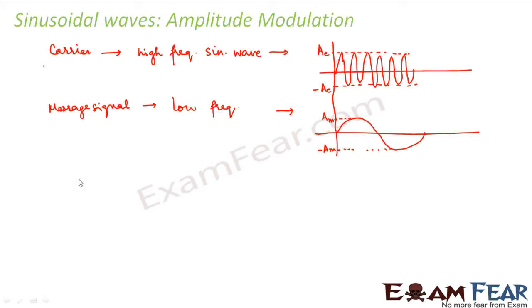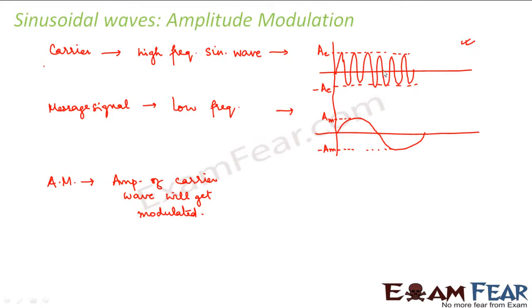Now what is amplitude modulation? When I talk about amplitude modulation, that means the amplitude of the carrier wave will get modulated. So there will be no change to this wave. This is the carrier wave. So this wave's amplitude will get modulated, but the frequency will remain the same.